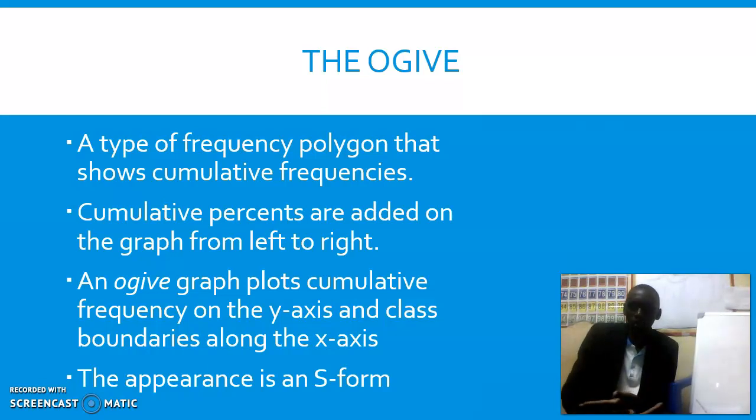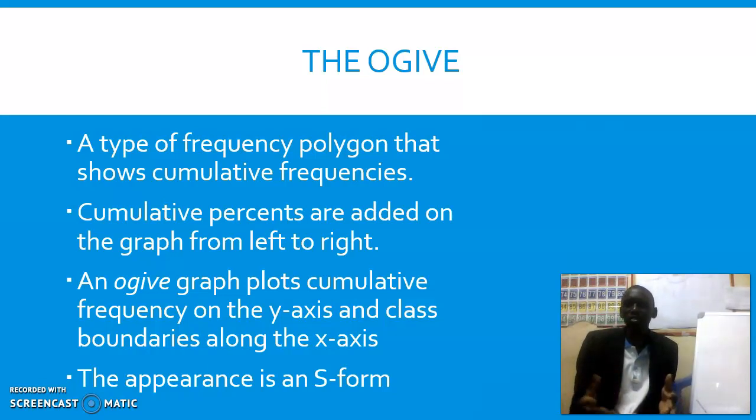If it is age, you can just put age in years. But when you're working, you know that you're working with the boundaries. If it is a height, you can put height in either centimeters or meters, depending on what units were used. If it's kilograms or weight, you can say weight in kilograms, but don't say boundaries.